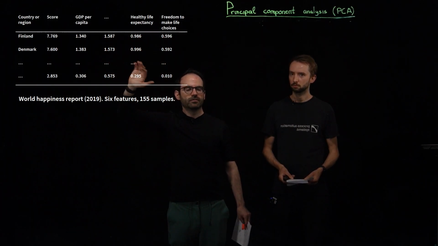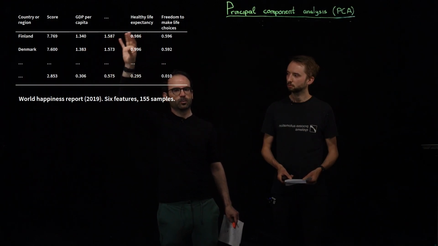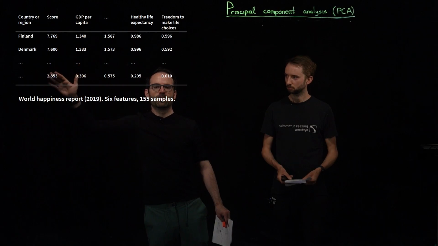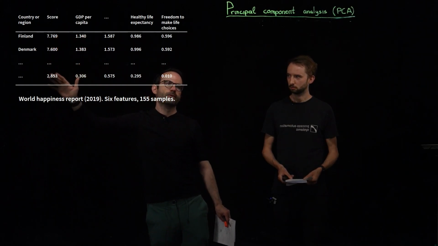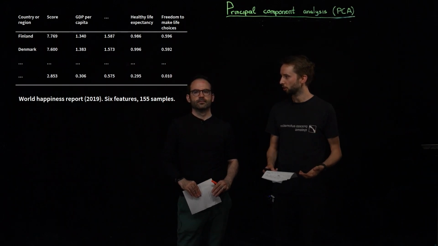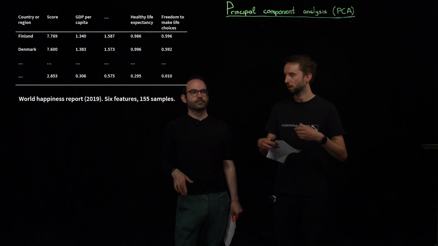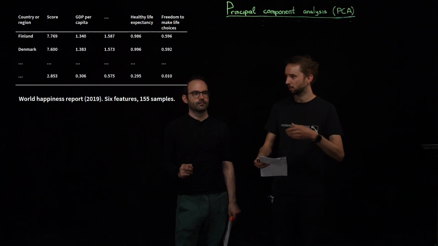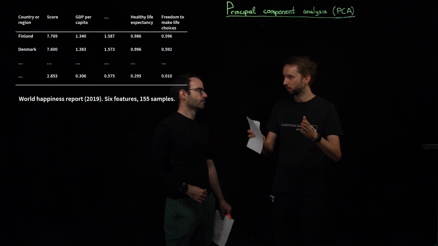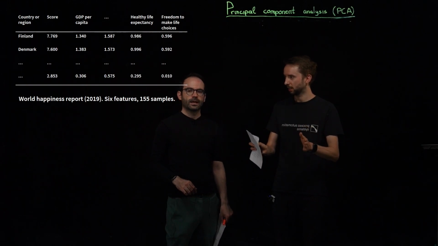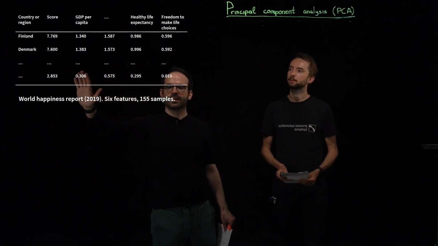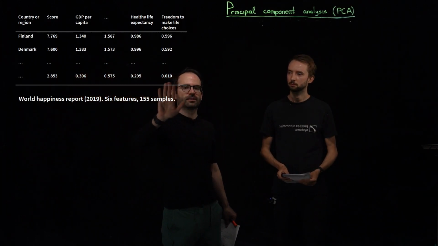And the idea of this report was basically to find out whether these features can explain some happiness score that was also reported. Right. But the goal of PCA is not to give us some sort of regression model so that we can compute some output like the happiness score, but it is about working with the features, the inputs basically. And what do we want to do with these inputs? Exactly. From here until here, those are the 6 features.